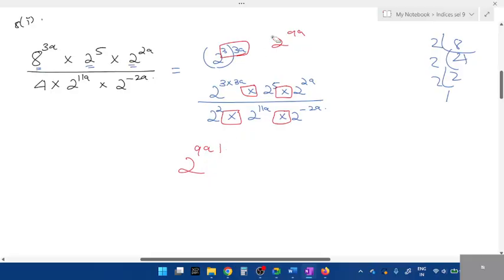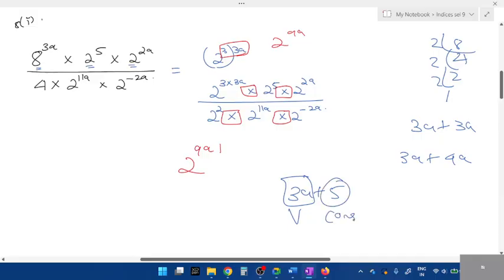See, remember this concept. You can add 3a plus 3a. You can add 3a plus 4a. But you can't add 3a plus 5. This is a variable. And what about 5? 5 is a constant. So 3a plus 3a is how much? 6a. 3a plus 4a is 7a.